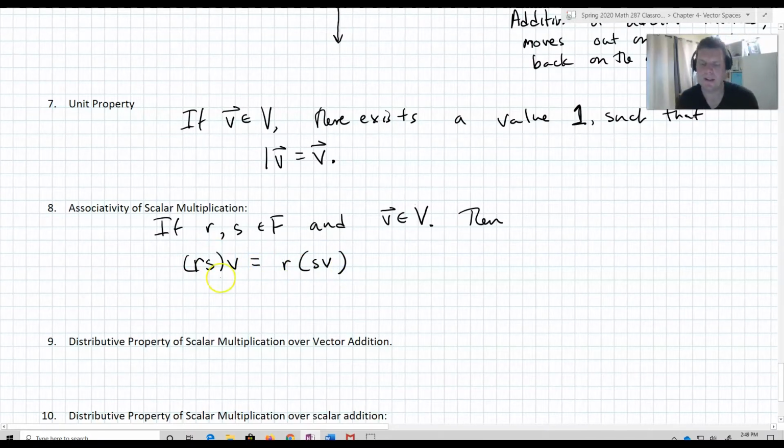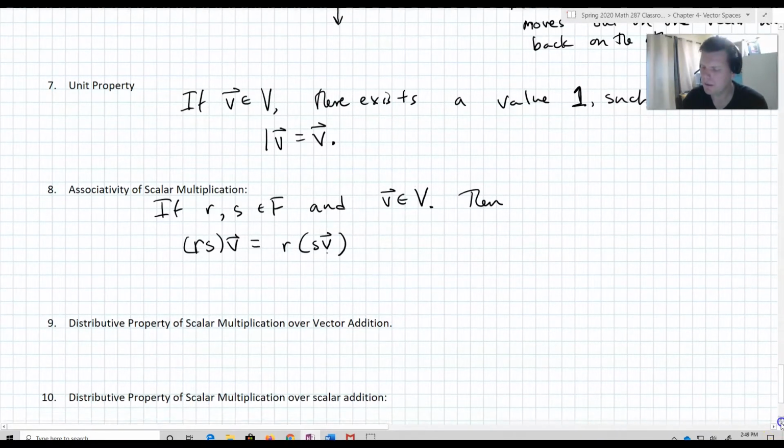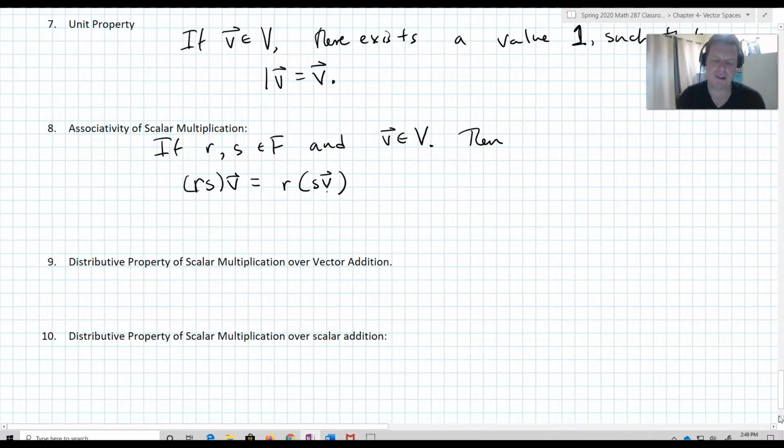So if you multiply your scalars first and then multiply by the vector v, you will still end up with the same thing as if you multiplied one scalar times v and then multiplied by another scalar. So essentially, it doesn't matter which one you multiply the vector by first, you still end up with the same values.